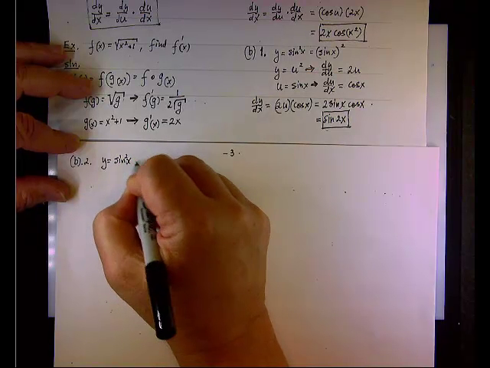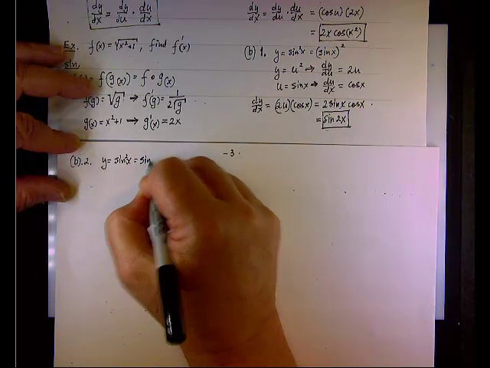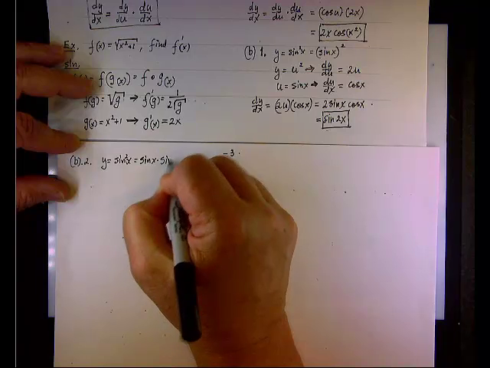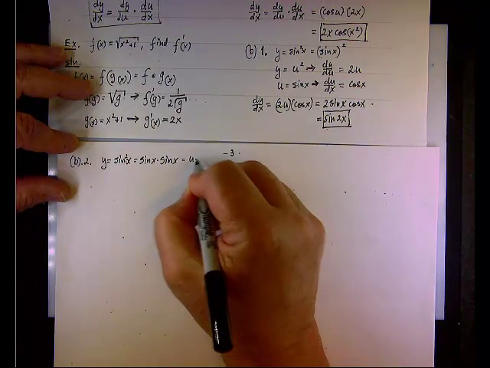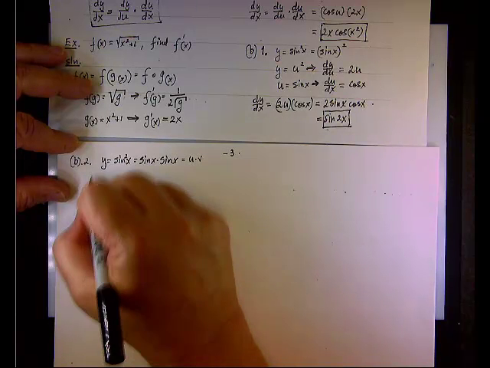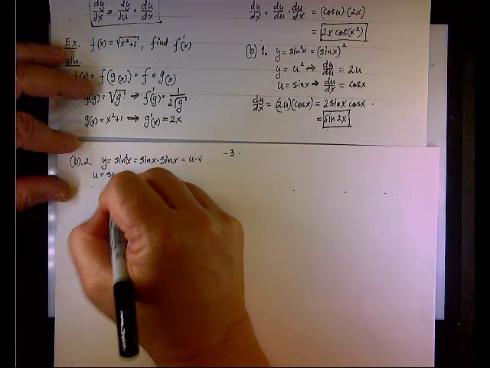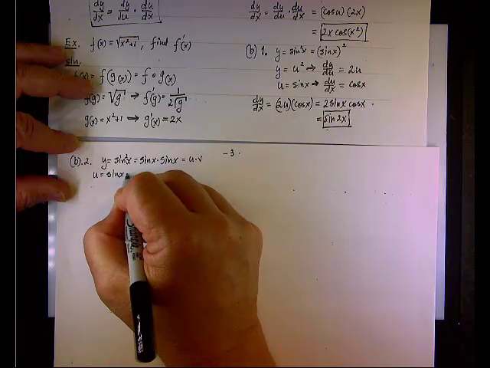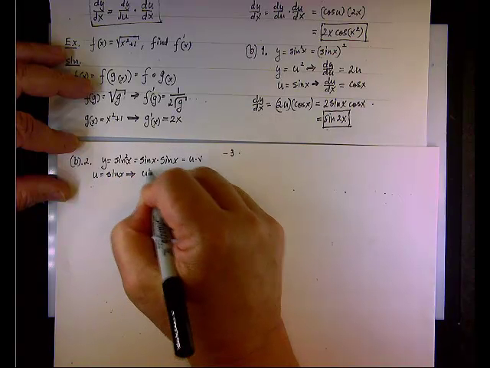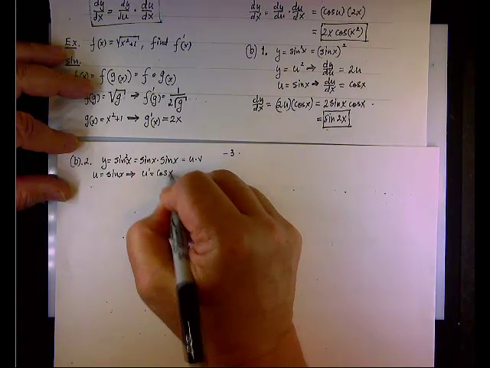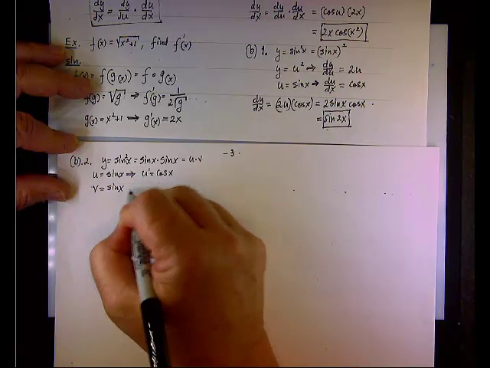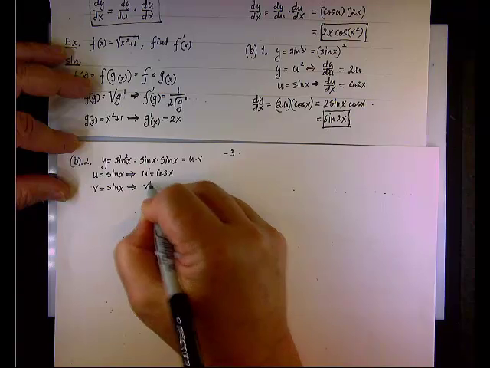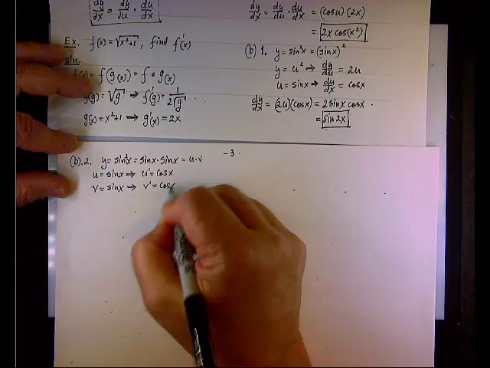We're going to say that y equals sine squared of x will be the product sine x times sine x. Okay? And this will be u times v. So, if u equals sine x, then u prime equals the cosine x. And guess what? If v equals sine x, then v prime is also cosine x.